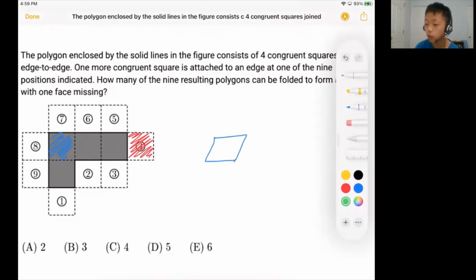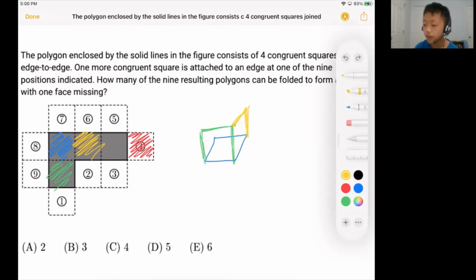And let's imagine this green square, you can fold it up, right? You fold it upward, and then let's say this yellow face here, you can imagine folding that to the side, and that would represent this yellow face here.